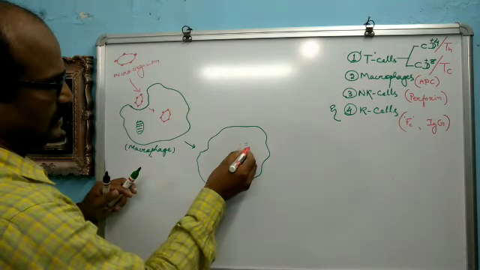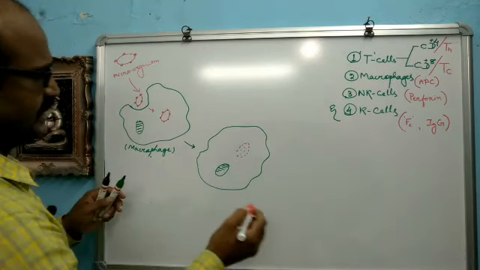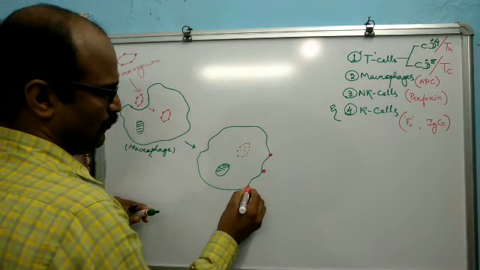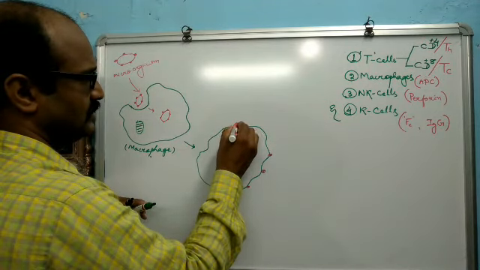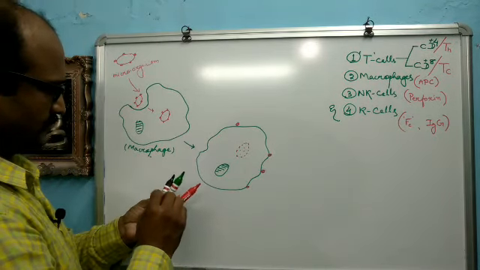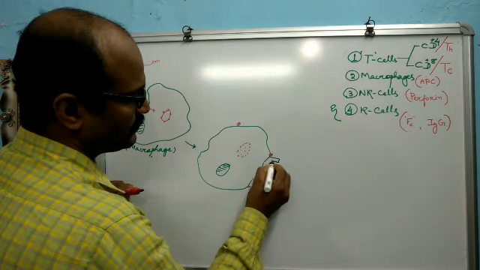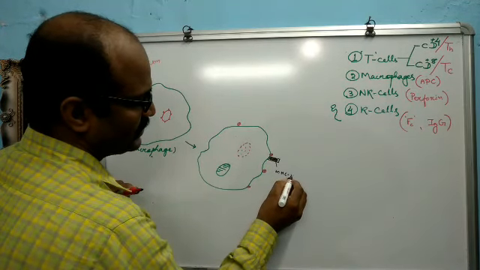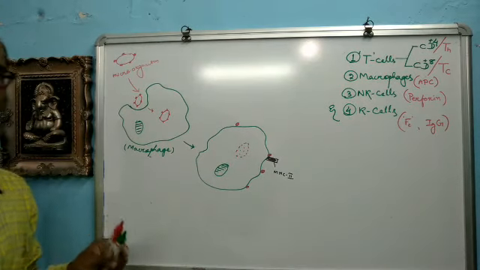These are parts or pieces of antigens, and the macrophage presents such antigen on its surface in association with MHC, major histocompatibility complex 2.